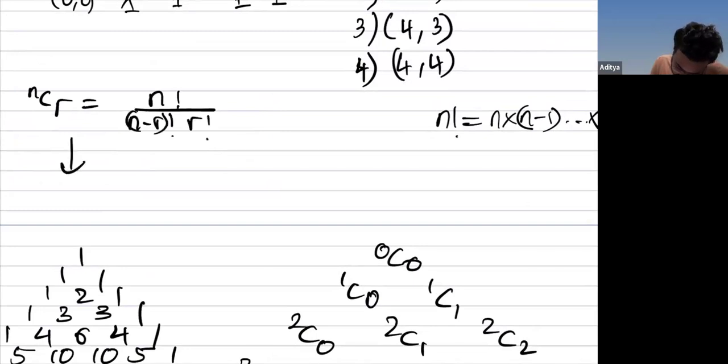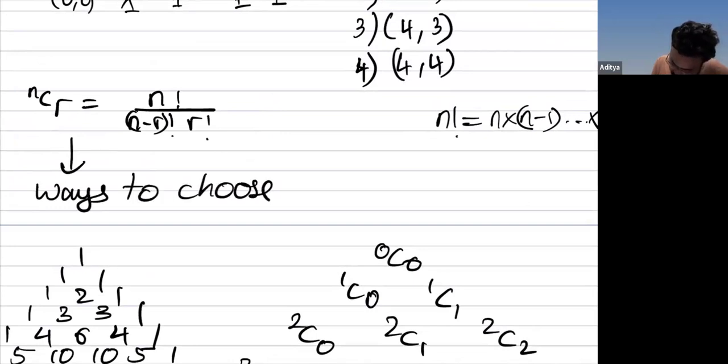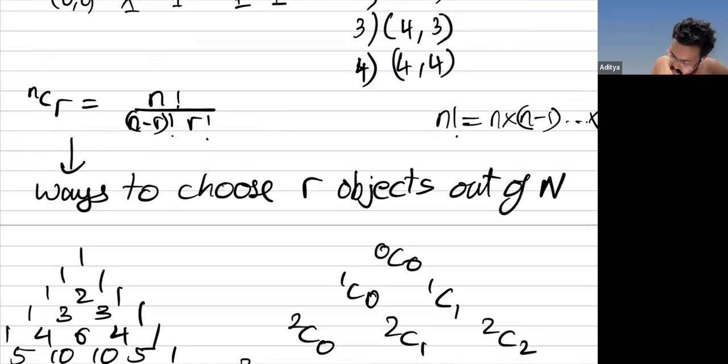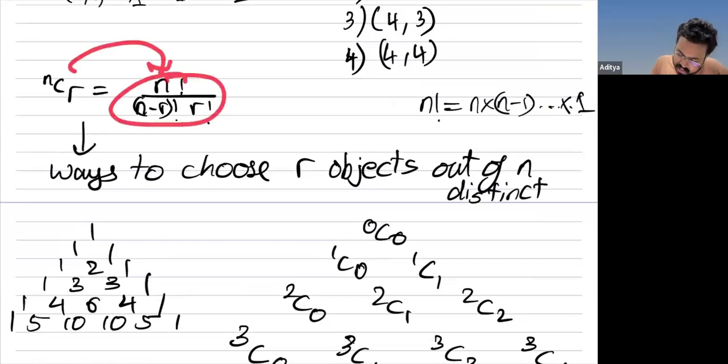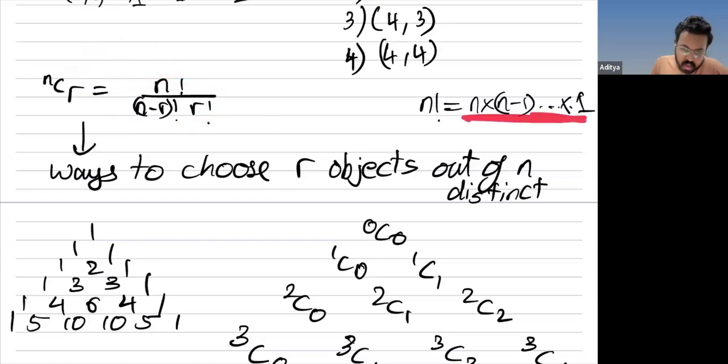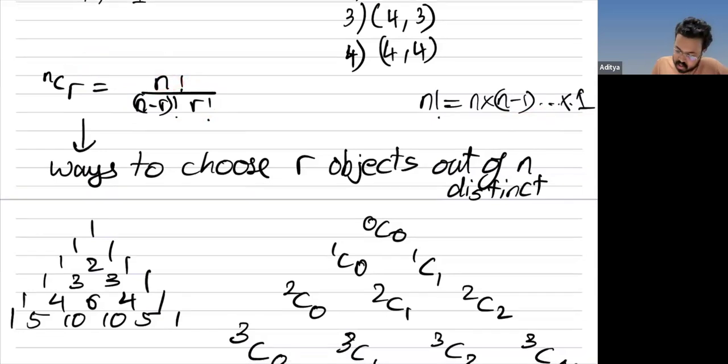This is the number of ways to choose r objects out of n distinct objects. And this is the formula for this notation. And here factorial means the product of all positive integers less than or equal to the given number.